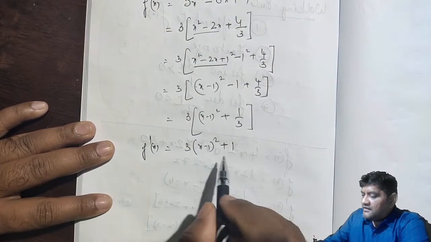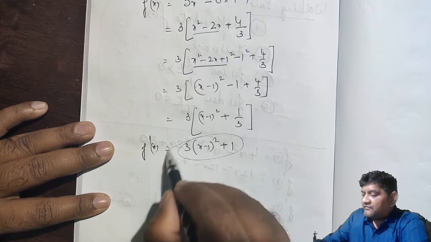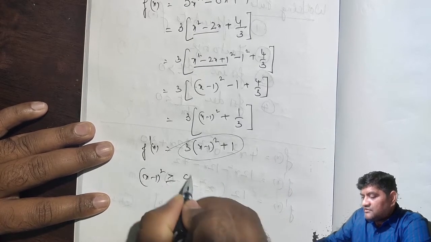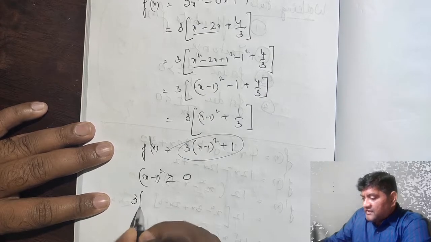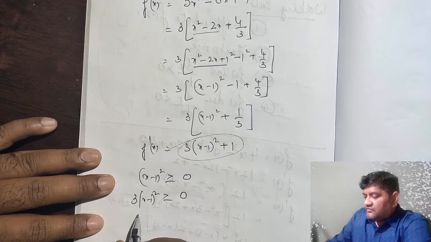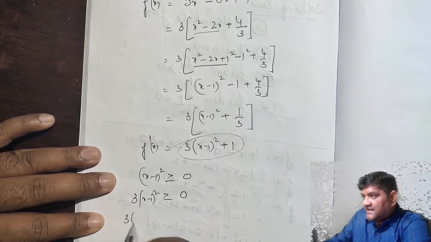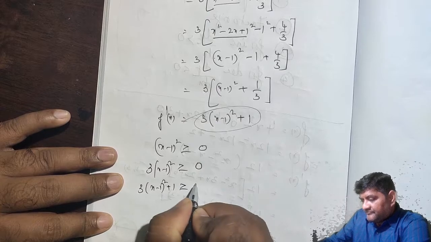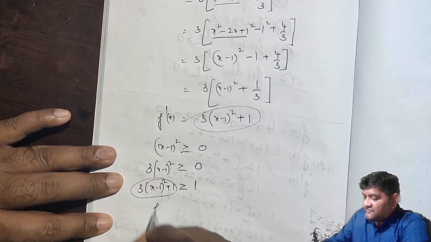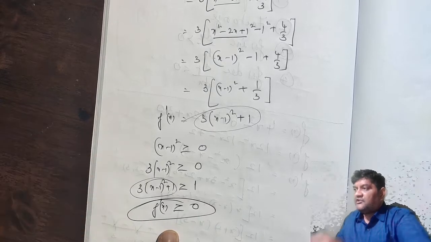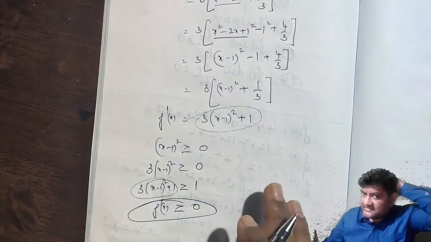Now what do I know here? I know that this is always going to be positive. X minus 1 the whole square is always greater than or equal to 0. 3 into x minus 1 the whole square is always greater than or equal to 0. So now when I add a 1 on either side, I'll get something like this. What is this? This is f dash of x. So I've proved that f dash of x is going to be positive all the time, and therefore this function is always increasing.